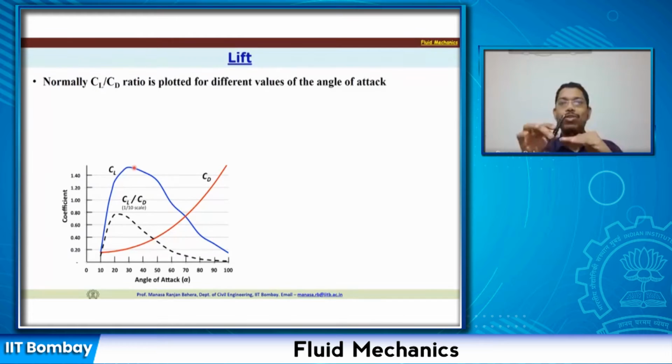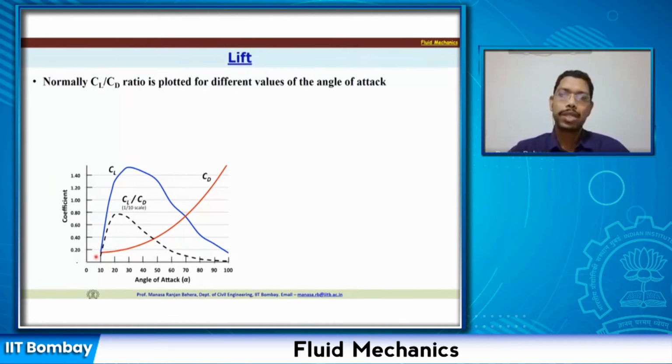Similarly, an airfoil can also change its characteristics. If you give some angle of attack, there is going to be lift generation. If you keep increasing the angle of attack up to a certain point, this lift force increases, beyond which it is going to decrease.